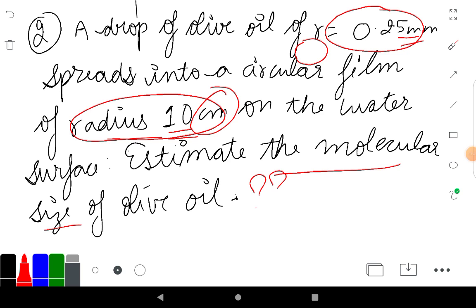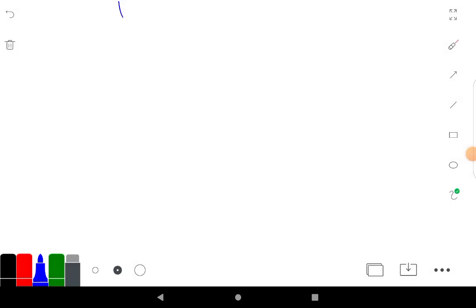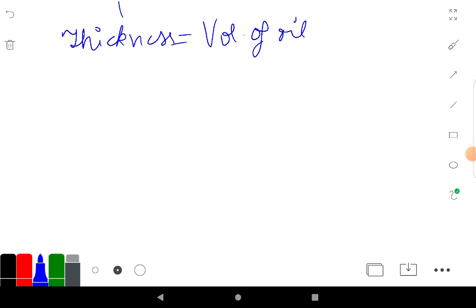Take 30 seconds, try it out, then I'll tell you how to solve it. Okay, so now we have to find the thickness, right? Molecular size as in thickness. So thickness will be what? Volume of the oil drop divided by the area of the film.